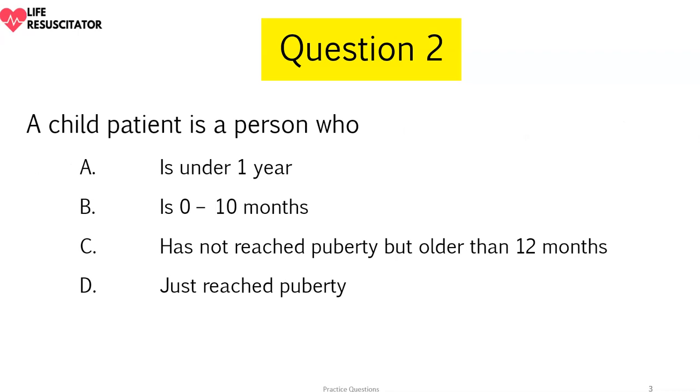Question 2. A child patient is a person who, A, is under 1 year, B, is 0 to 10 months, C, has not reached puberty but is older than 12 months, D, just reached puberty.